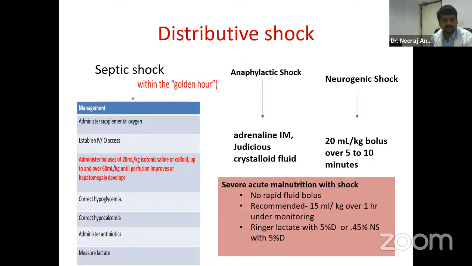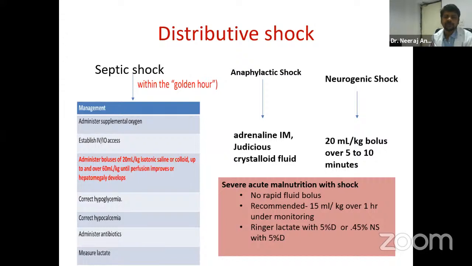We have to start supplemental oxygen, establish IV access, or if we cannot have IV access, then we have to go for intraosseous access. We have to administer a bolus of 20 ml per kg of isotonic saline, or if it is not responding to that, we could go for colloids.